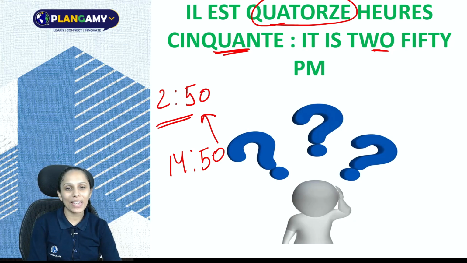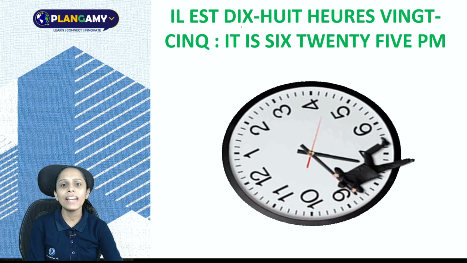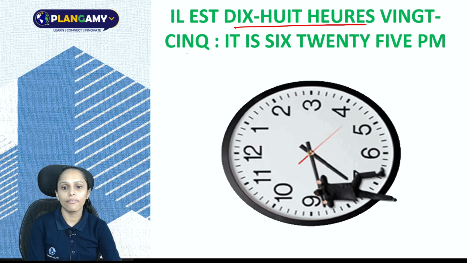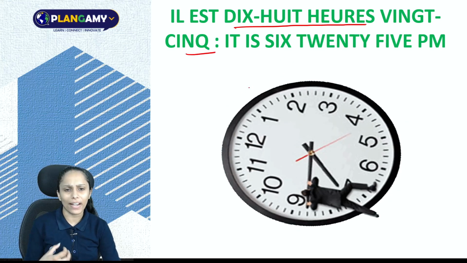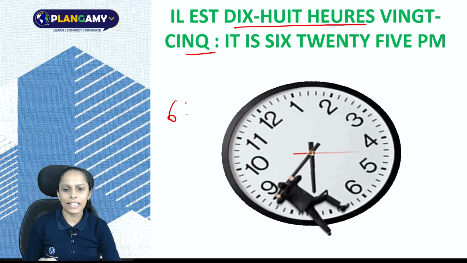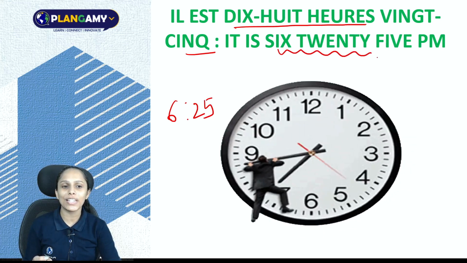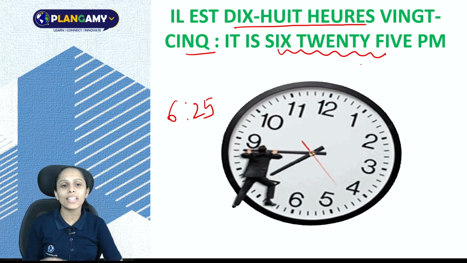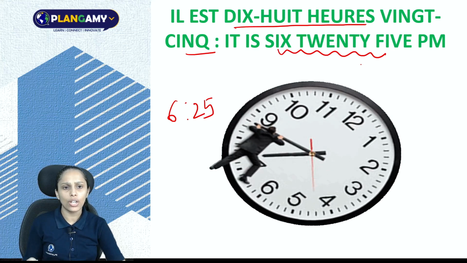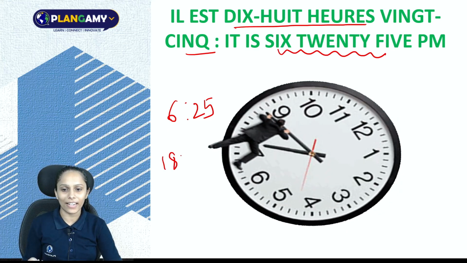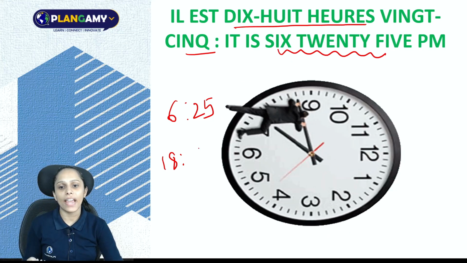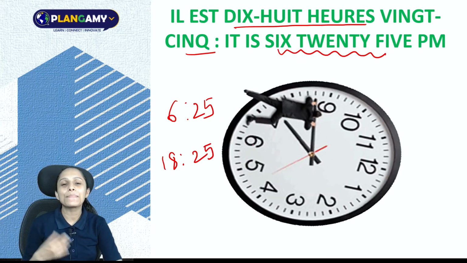Next we have il est 18h25. Let's try to write it down. It says 6:25, like it's written here. So we are talking about 6:25 in the evening. So 18 is our 6, and 25 is 25 minutes.